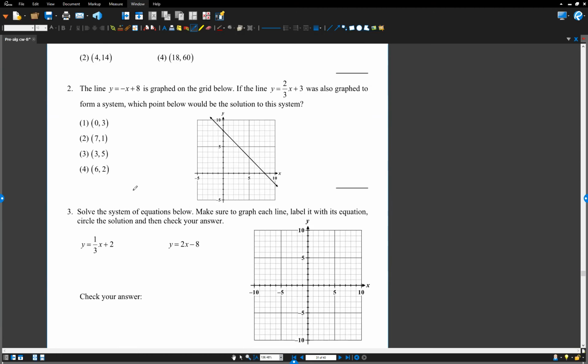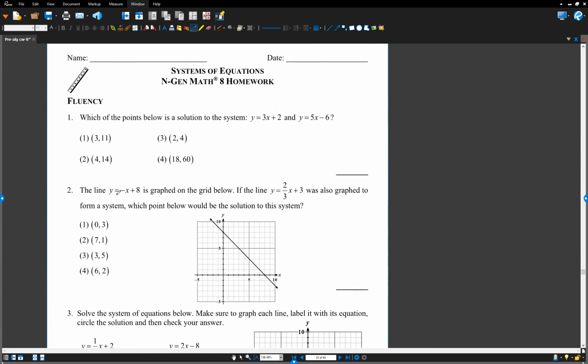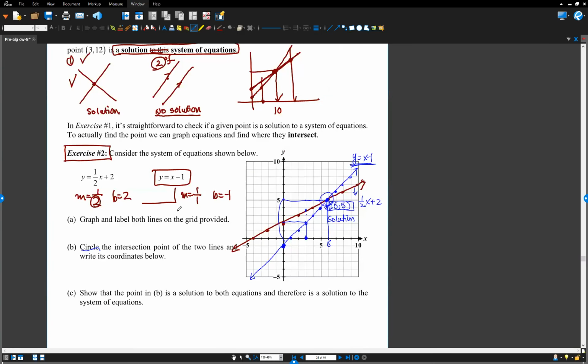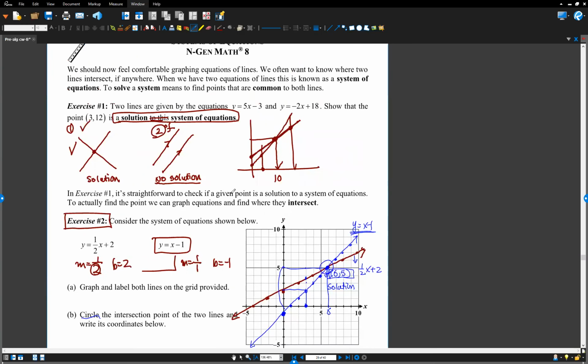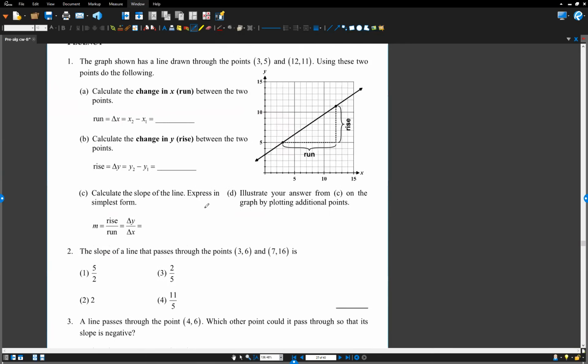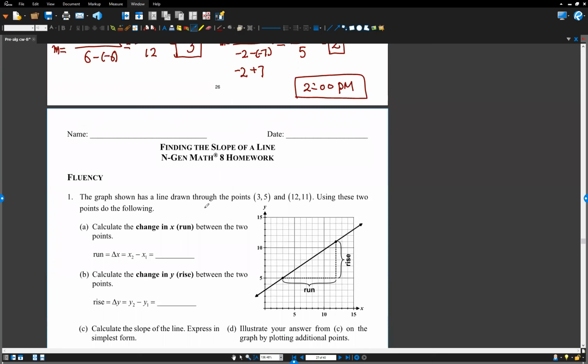Any other questions? Does anybody have difficulty understanding these topics?